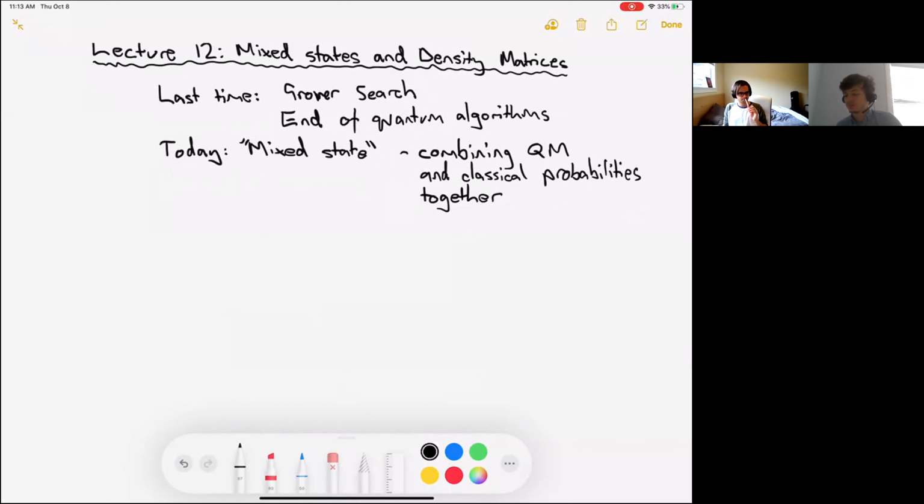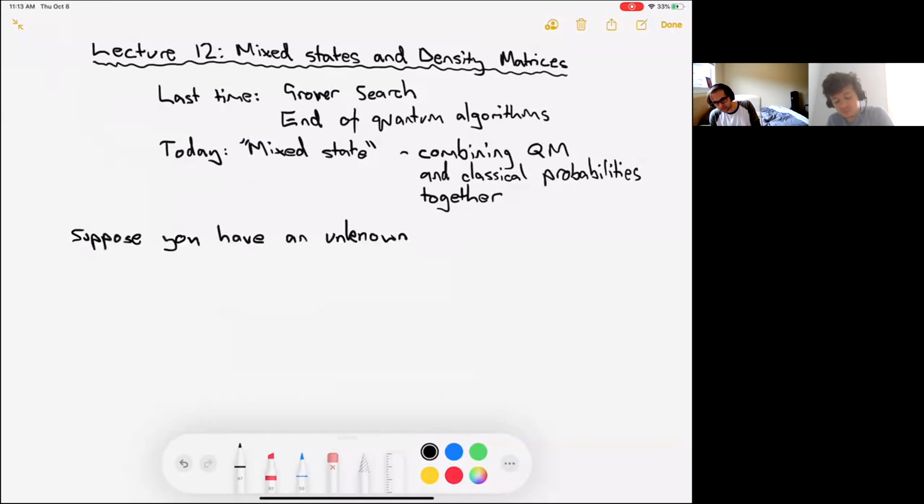So suppose we have some quantum state, but for whatever reason we don't know exactly what that state is.